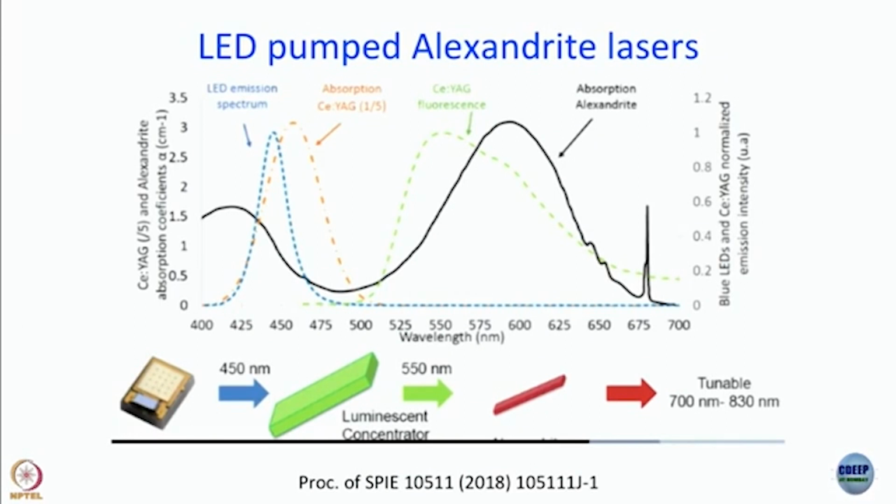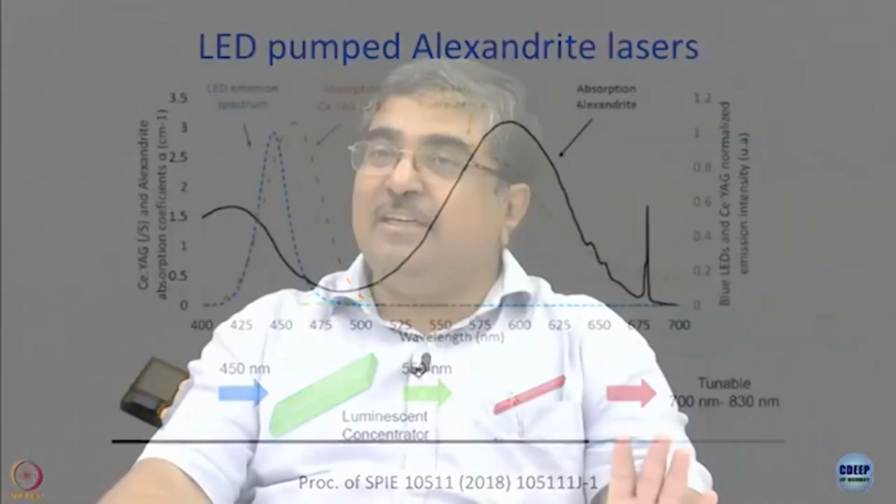So, see, until now we have been talking about DPSS pumped lasers, right. If you can use LED, the cost as well as operational issues go down by orders of magnitude, right. And now LEDs are so commonplace, these are LEDs, the light we have in this room. Okay. Everybody is familiar with LED, they are everywhere.